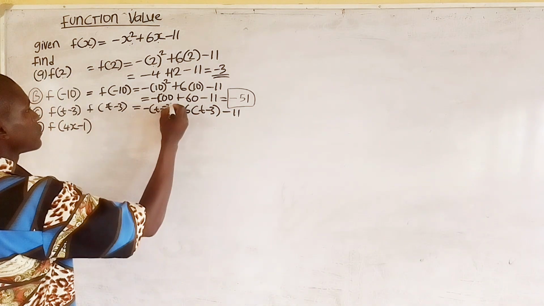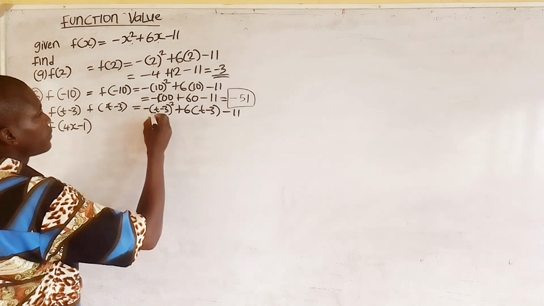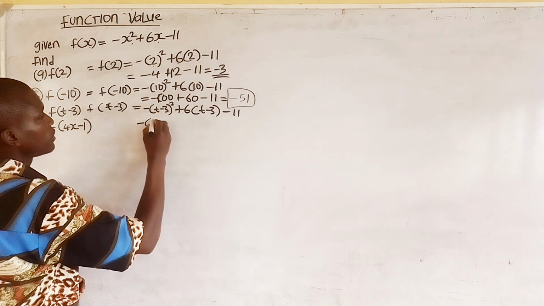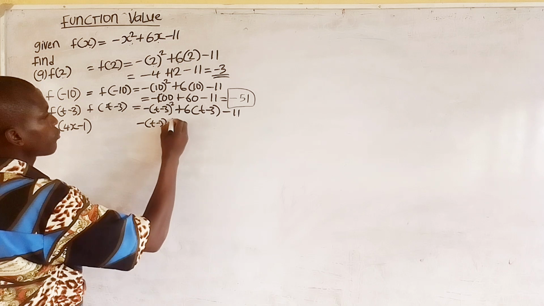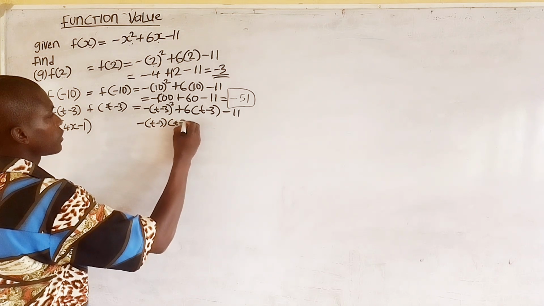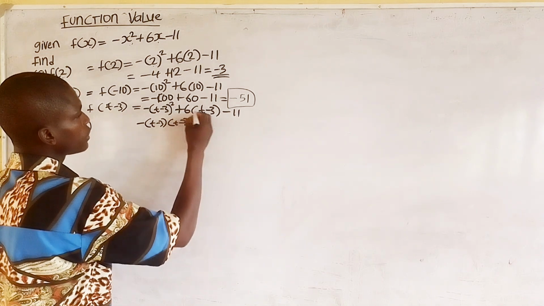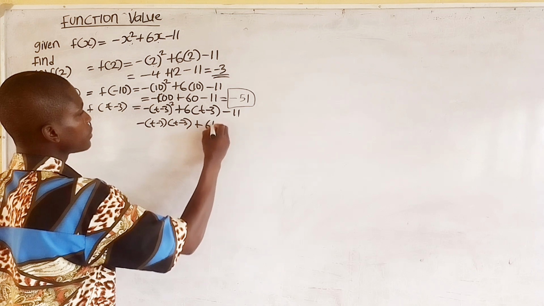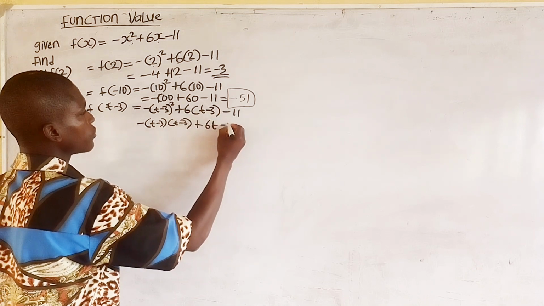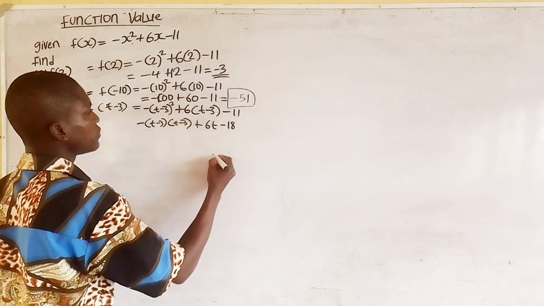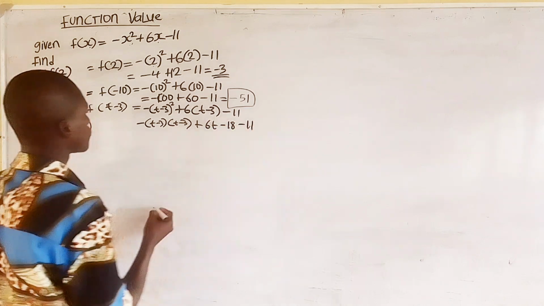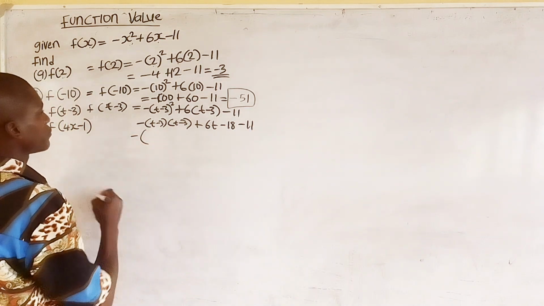Let's continue. This one is squared. This also means minus t minus 3 close bracket t minus 3 plus 6 times t will give you 6t. 6 times minus 3 will give you minus 18 minus 11. Bring your minus.